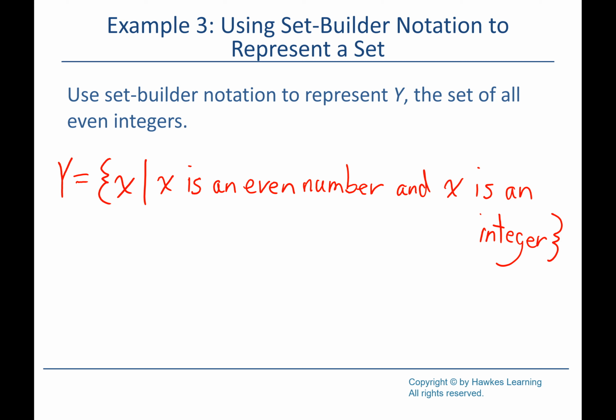So if that works in words, nothing wrong with that. If we're dealing with more math-related stuff, usually we have shorthand for a lot of that. So one thing we have shorthand for, you don't have to use it, I just want you to see it so you know what it is, is this set we call the integers, the positive and negative whole numbers.